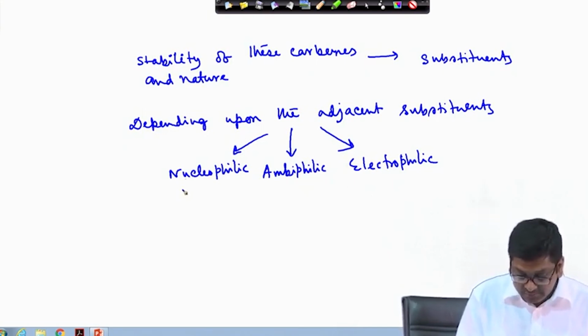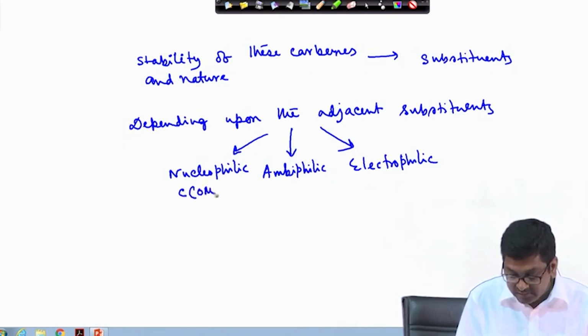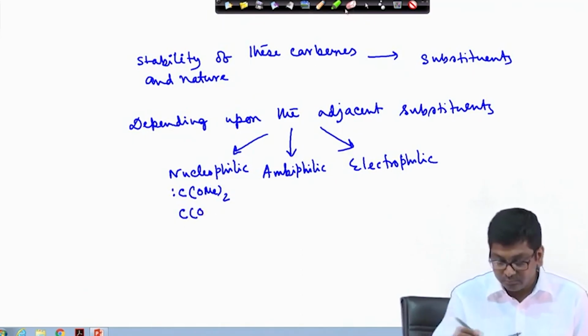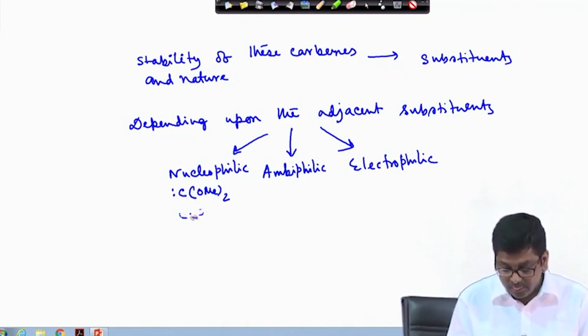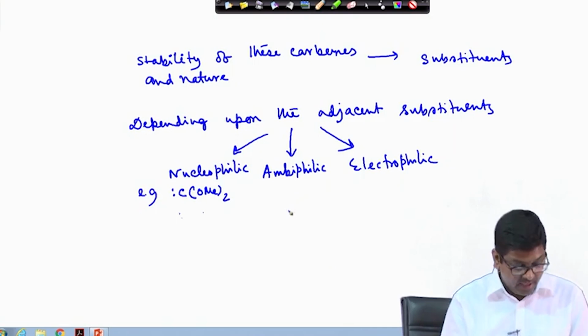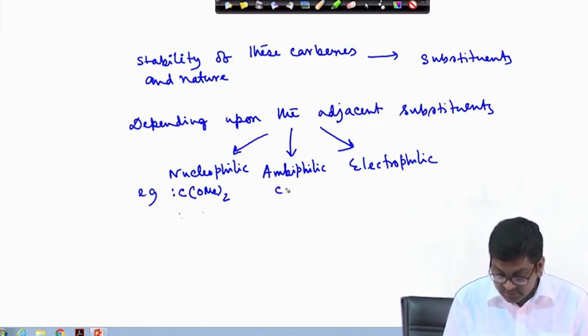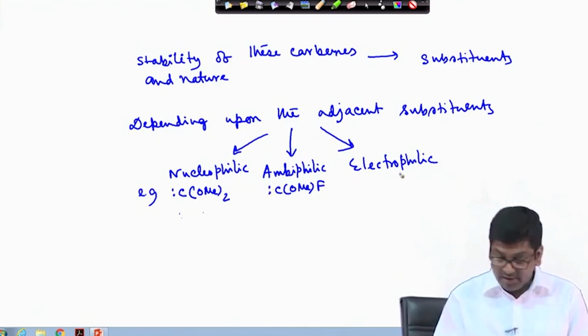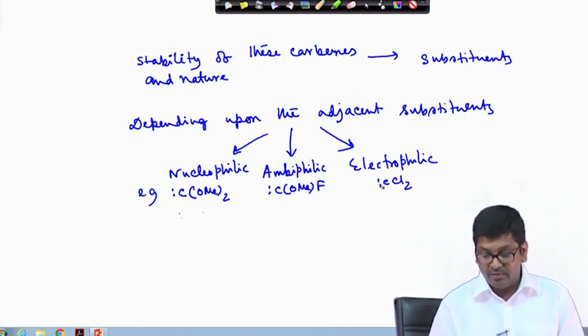As per example, nucleophilic is this, I am giving one example. This is an example. For ambiphilic, this is the COMeF carbene, and for electrophilic it will be dichlorocarbene, fine.